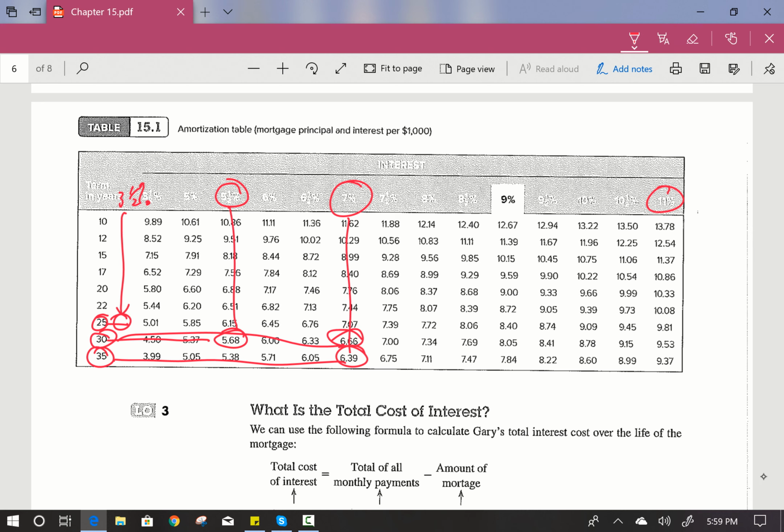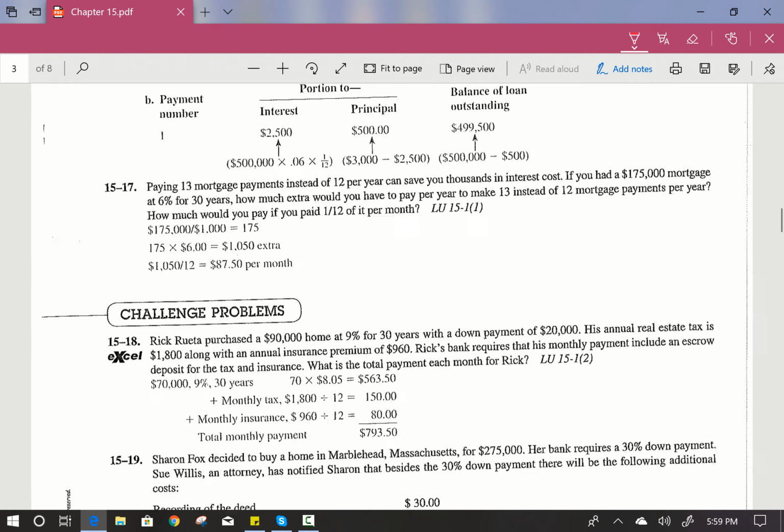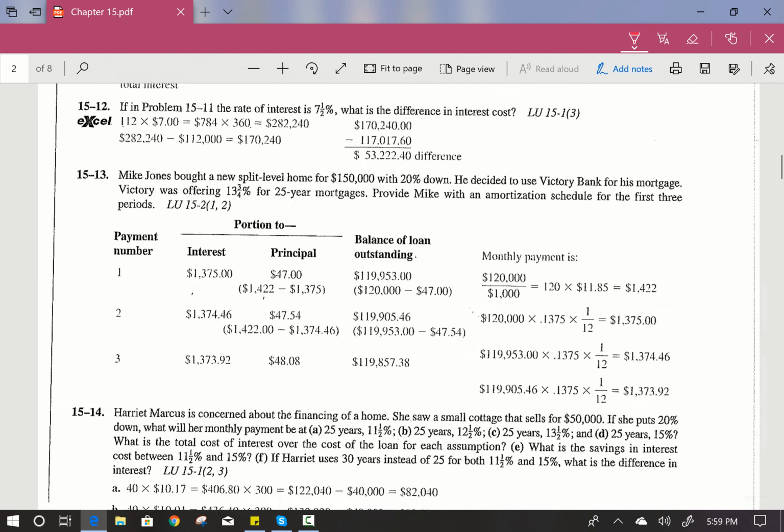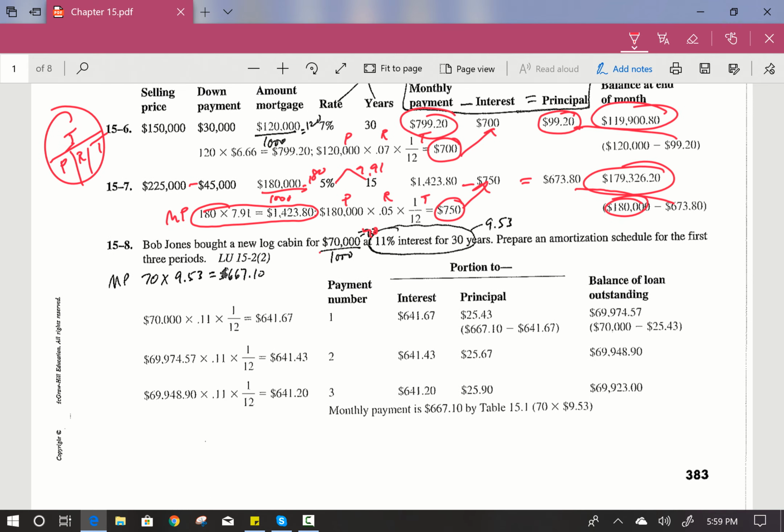And 30 years goes straight across equals 9.53. Okay, I'm going to take 9.53 times 70 to equal the monthly payment of $667.10. Okay, so we're going to keep that in mind and we're just going to push that off to the side a little bit.